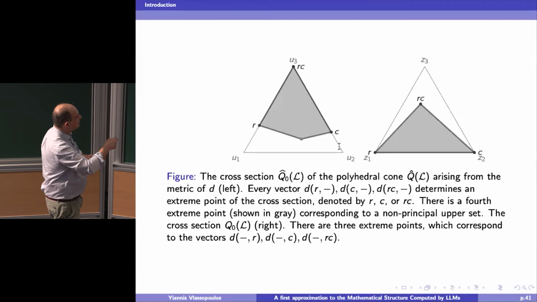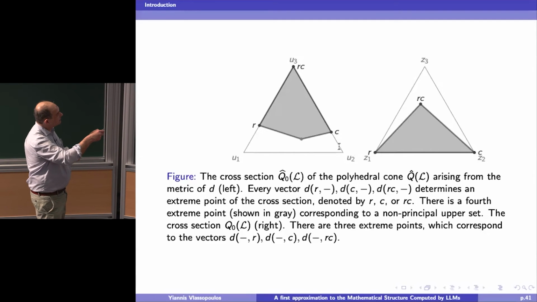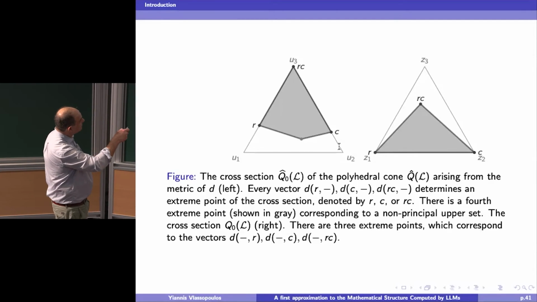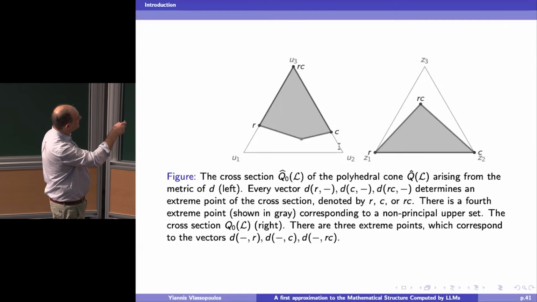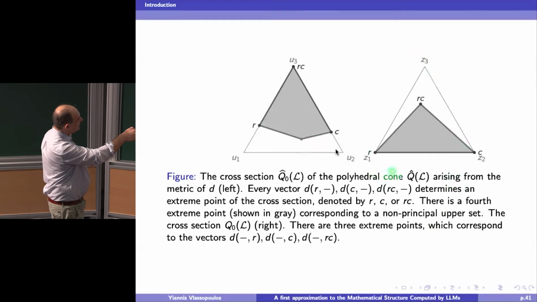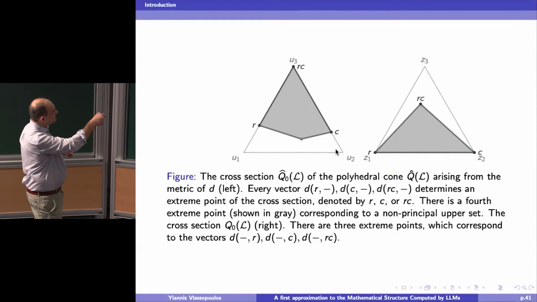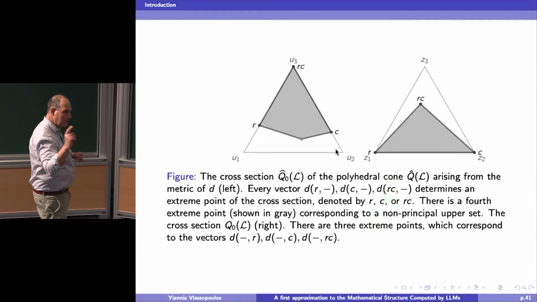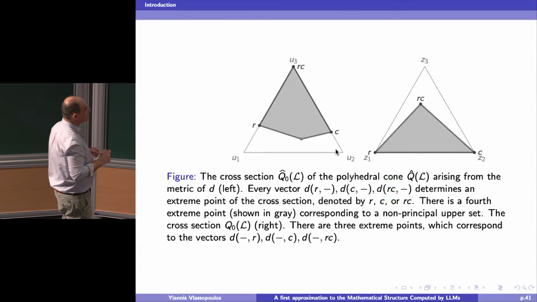And here it is. On the left, the cross section, this is Q tilde. This corresponds to upper sets, and this corresponds to lower sets. But remember you have to take connected upper sets and connected lower sets.